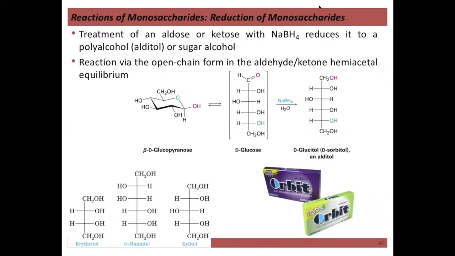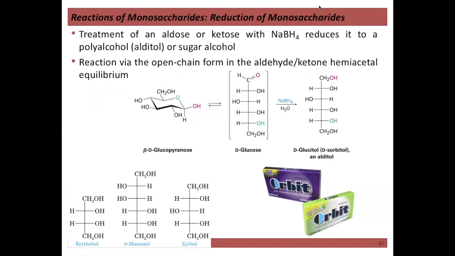Okay, so some other reactions that we can do: I've talked briefly just about reducing sugars and oxidizing. And so what we can do is actually take advantage of sugars. As we talked about previously, they tend to be in their cyclic form, but they do exist in equilibrium with their open chain form when we put them in water.